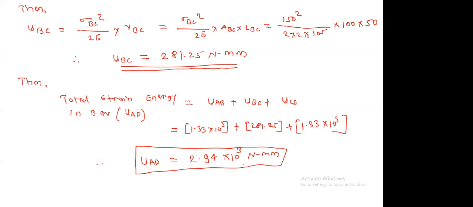So this is the one sample problem, how to calculate the total strain energy stored in the bar having varying cross-sectional areas. Has everyone understood this particular problem, how to calculate it? Yes, sir.